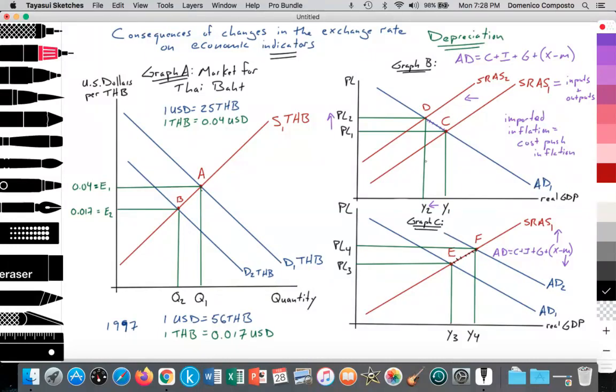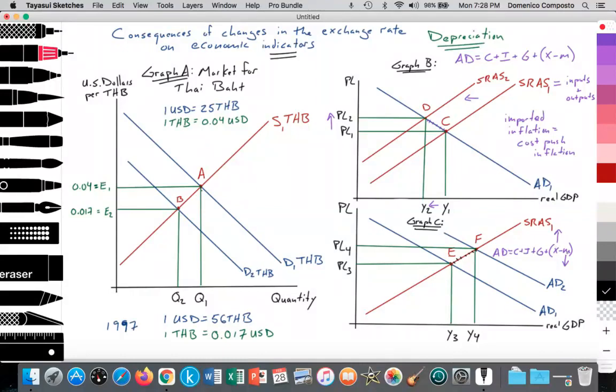All right. But in graph C, we see that that weaker currency leads to exports rising in the long run as Thailand's exports become the cheaper substitute in the world market, while Thai people reduce their demand for imports because they're so expensive.